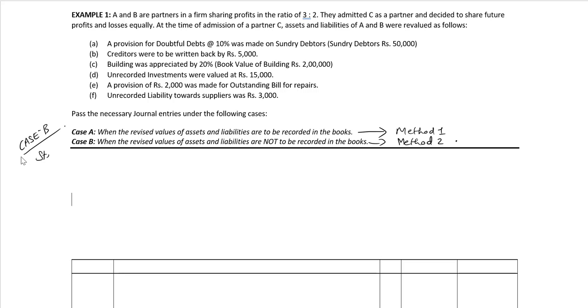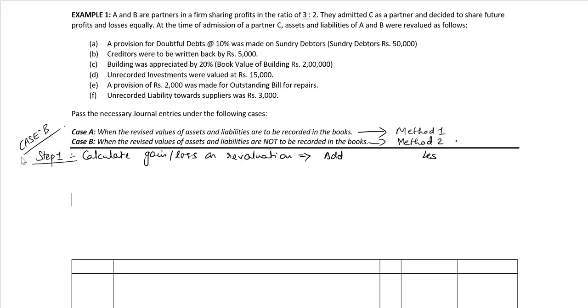Step 1 under method 2 is to calculate the gain or loss on revaluation. Since we've already completed method 1, we know that the final answer will be a gain on revaluation of rupees 50,000. But anyway, I will be doing it again.